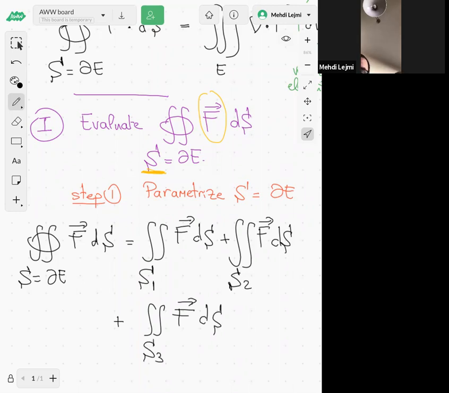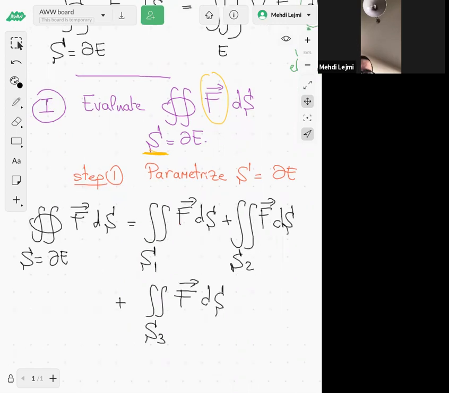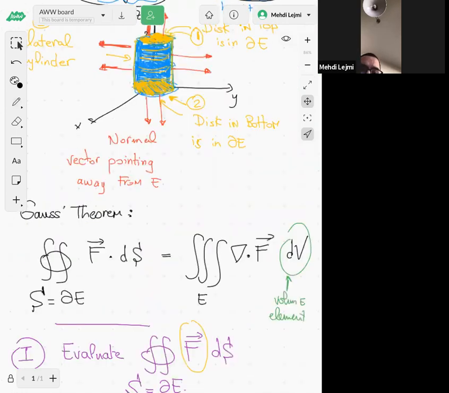So we have 3 pieces. The first piece of the boundary is the top.